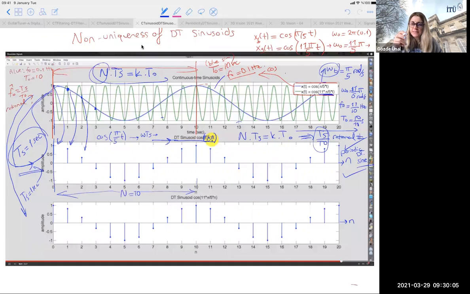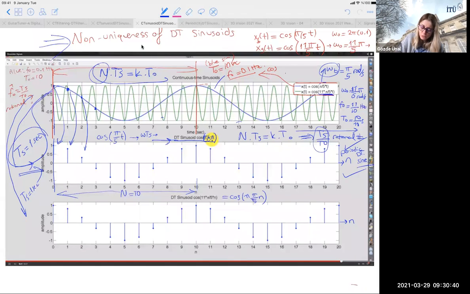But now see the second, green one, the sampling of the green curve at the bottom, sampled again by 1 second. This is now, you see, the cosine 11 pi over 5 n signal. I rewrote it here already. It's the same signal. What I'm trying to show, guys, is the non-uniqueness of the discrete time sinusoid. Why? Because we said there is this relation of the frequencies that are related by 2 pi multiples.